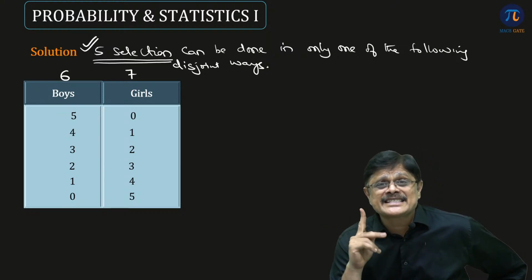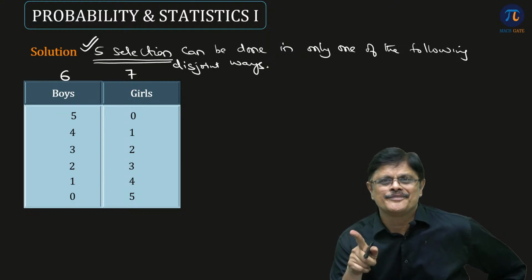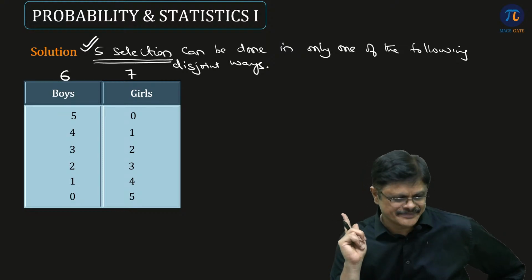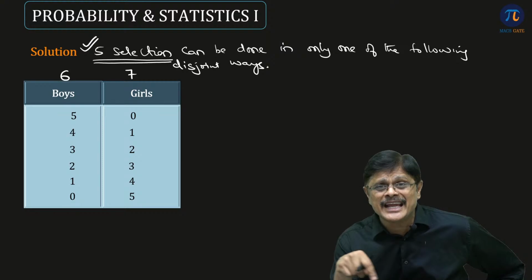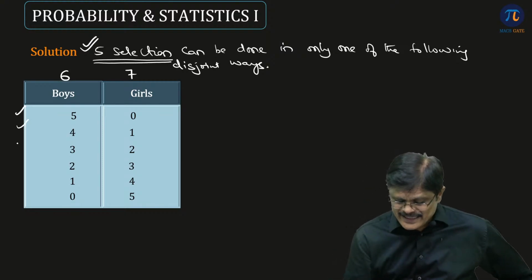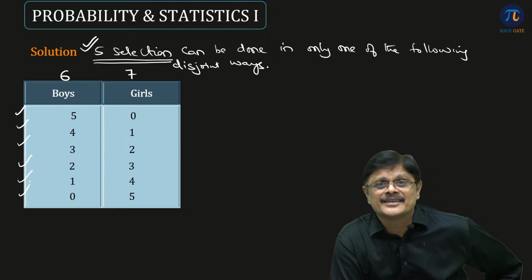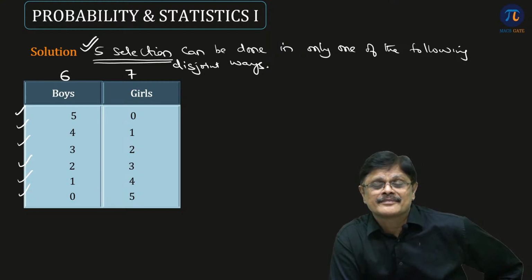The 5 selection which you do can happen in only one of the 6 disjoint ways which I have given here. There is no other way in which you can make a 5 selection.